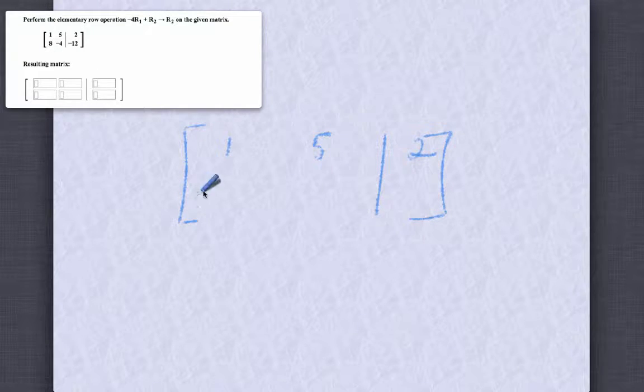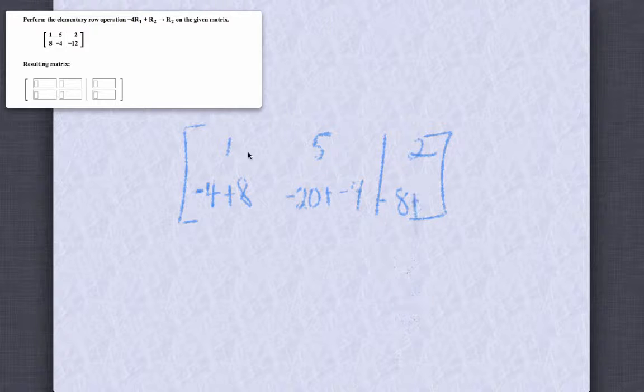So negative 4 times 1 added to row 2. And then negative 4 times 5 added to negative 4. And then negative 4 times 2 added to negative 12.